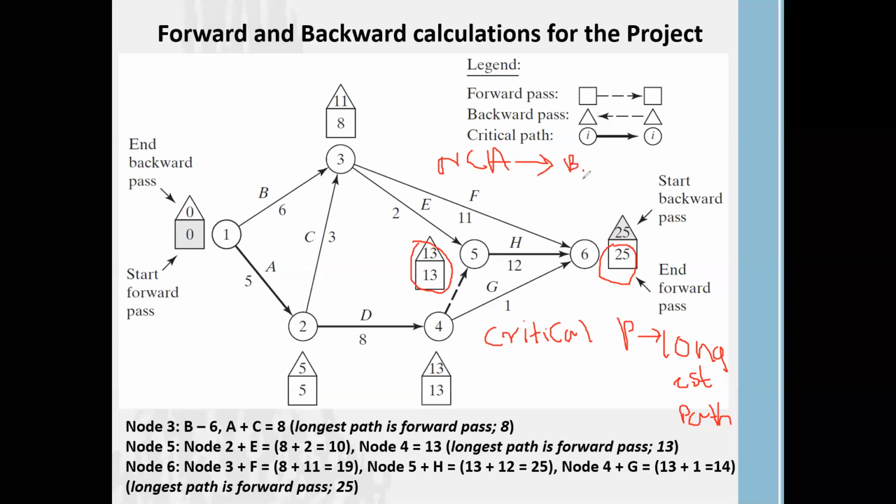B, C, E, and F, also I. These are non-critical activities. Why? For those activities, backward pass and forward pass are not equal. Therefore, we identify those as non-critical activities.